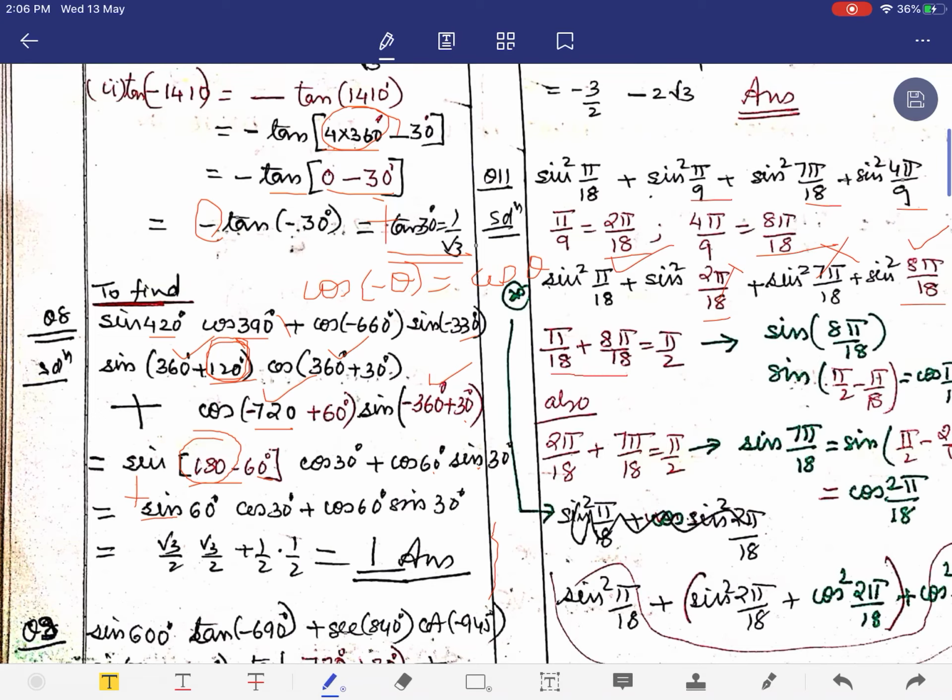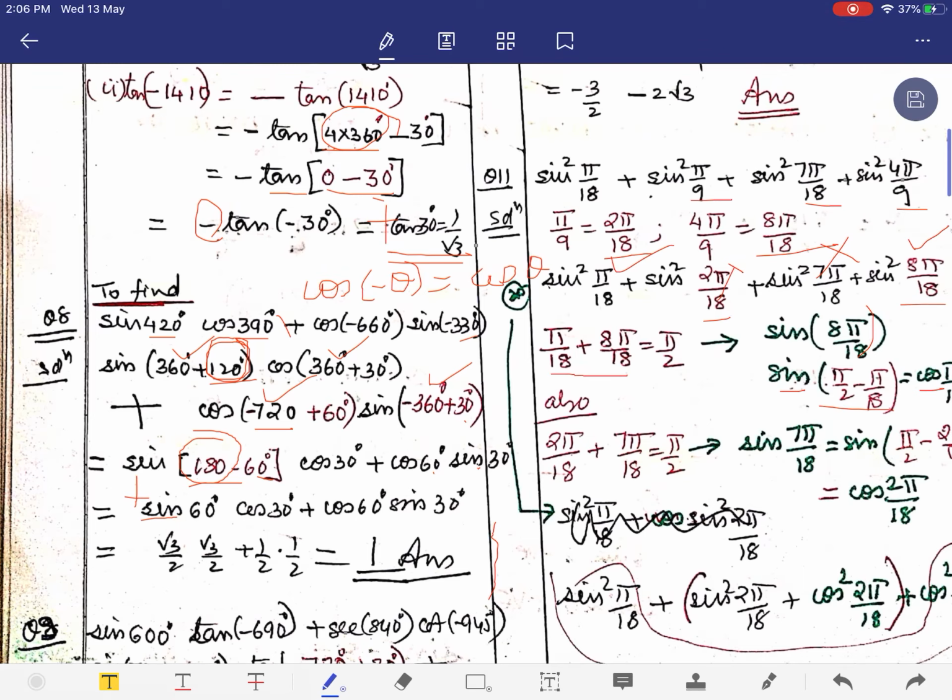That is, the 8 pi on 18 angle can be reduced to pi on 18 through this relation, because 8 pi on 18 is pi on 2 minus pi on 18. Now, what is the ratio? It changes the ratio because it is expressed as pi on 2 minus theta, and that change makes it cos. So sine square 8 pi on 18 converts to cos square pi on 18.